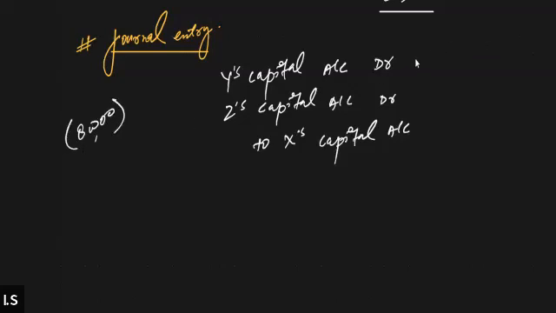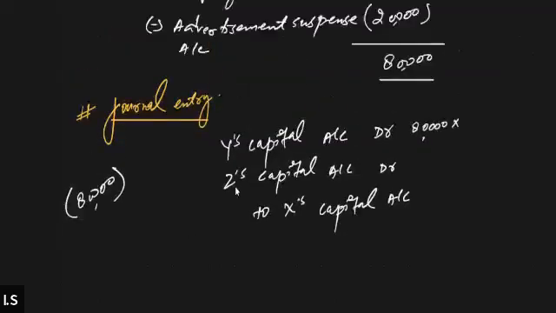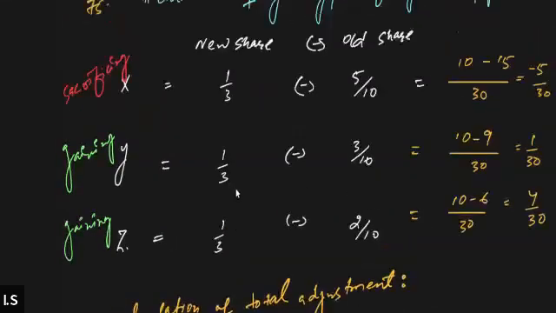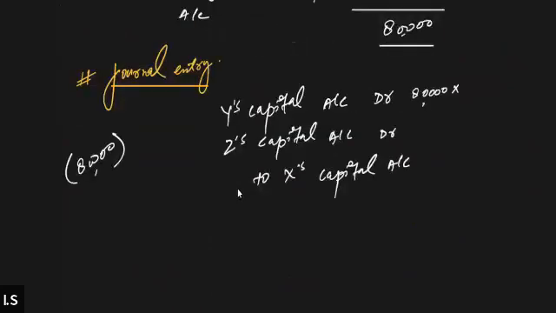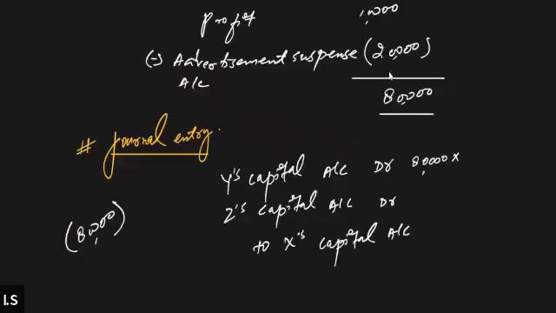So Y will be gaining 80,000 into 1 by 30, and Z's share is 80,000 into 4 by 30, and X's share is 80,000 into 5 by 30.